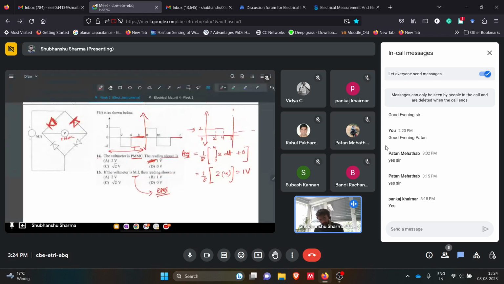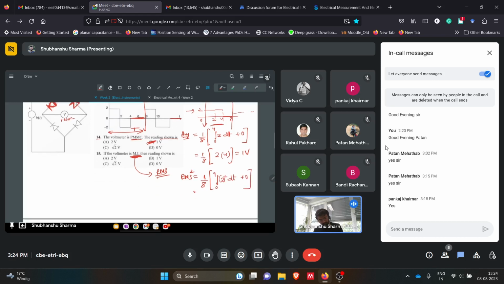And what will the MI instrument measurement be? This is the RMS. RMS square, if we take the whole time period, 1 by 8, the waveform is the same, 1 by 8 integration 0 to 4 of 2 square dt plus 0, like this.